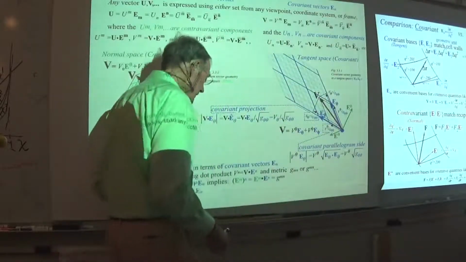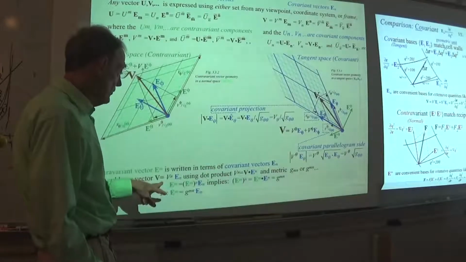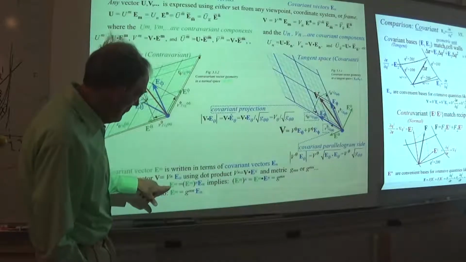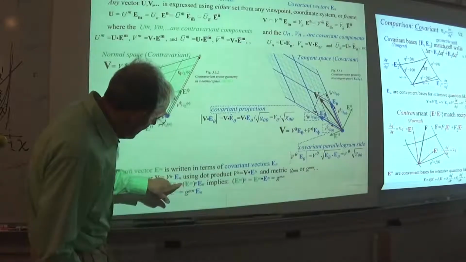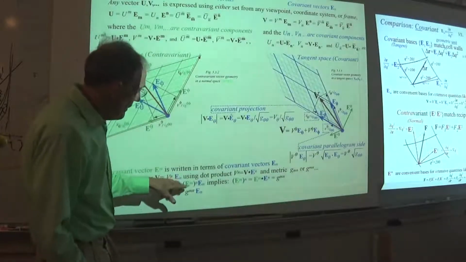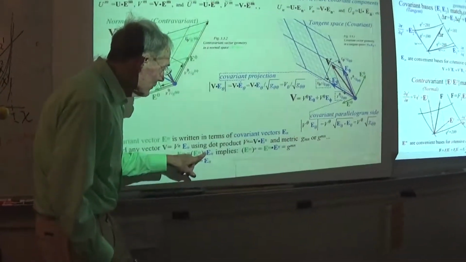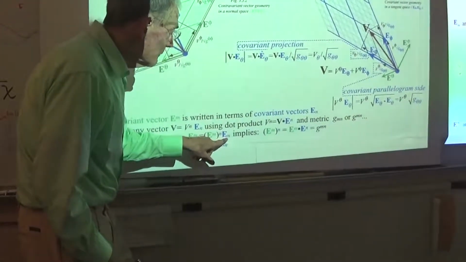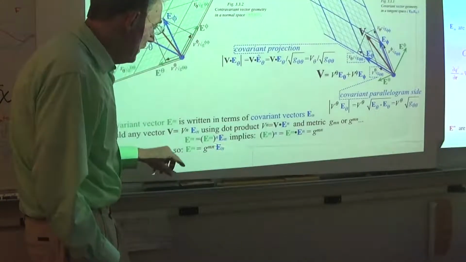We'll talk about that later, in just a bit here, I hope. But here's the basic idea: this contravariant vector could be written as some sort of contravariant thing, an n component, times the covariant unitary vector.